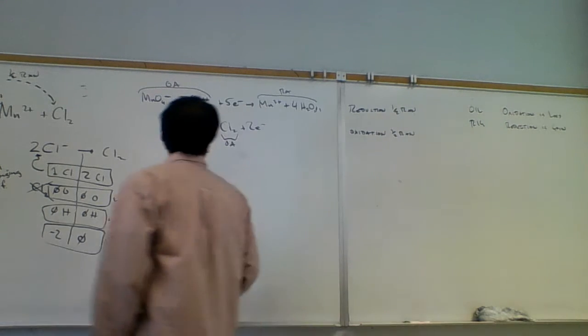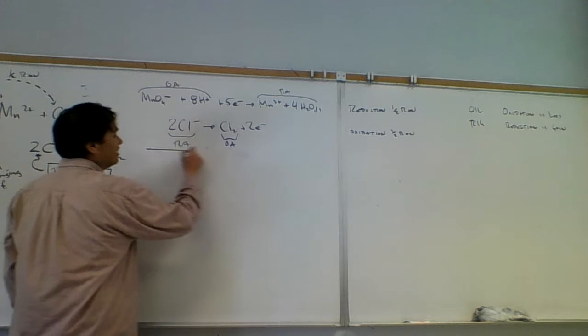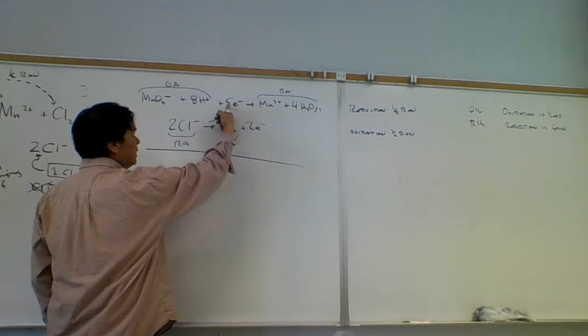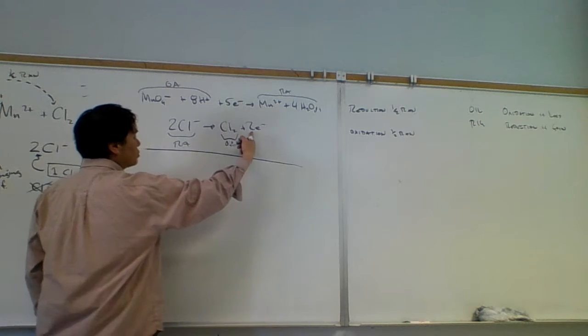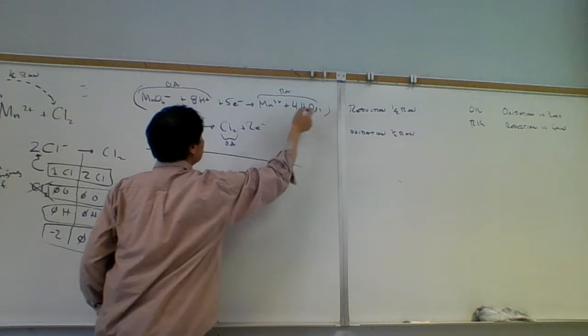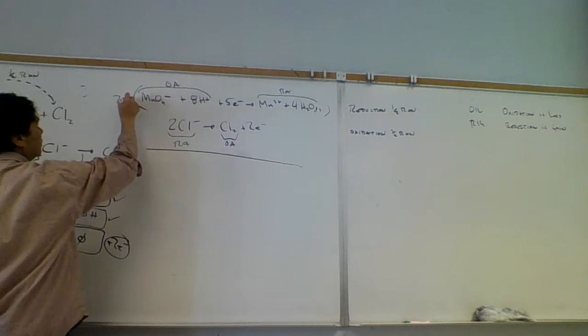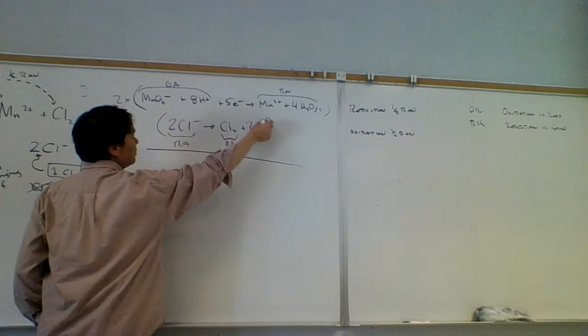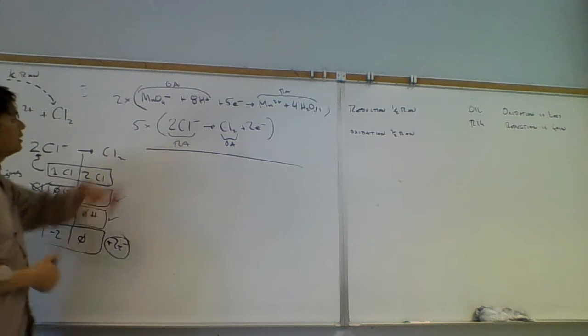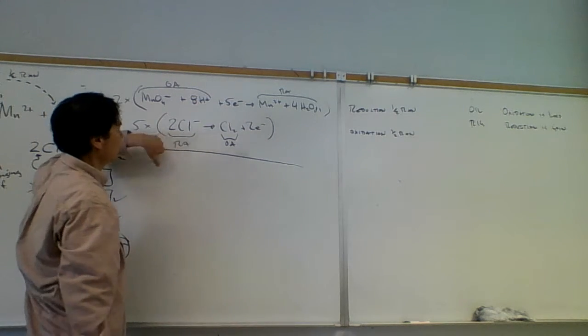All right. The next step here is we need to make sure the electrons gained equal the electrons lost. And so the top equation we need to multiply by 2. The bottom equation we need to multiply by 5. And that way we can get 10 electrons gained, 10 electrons lost.